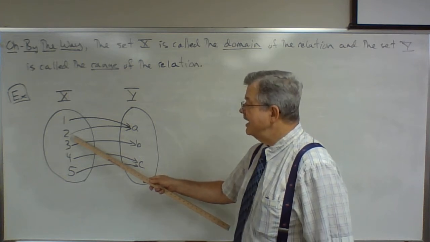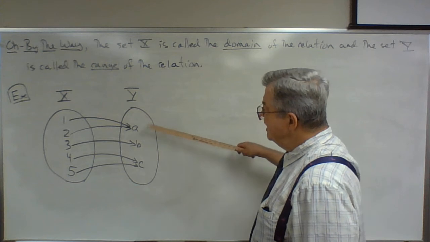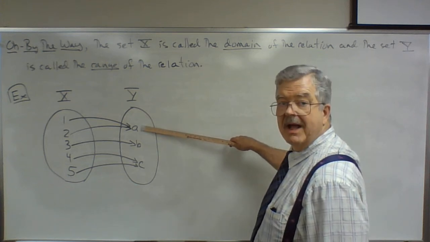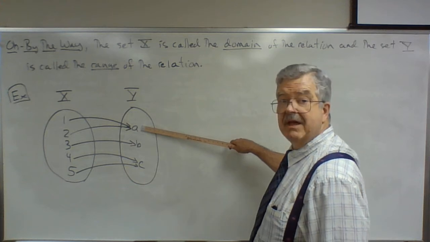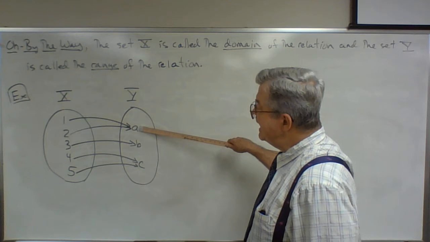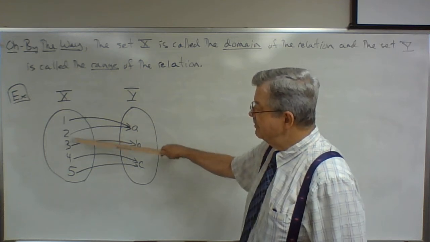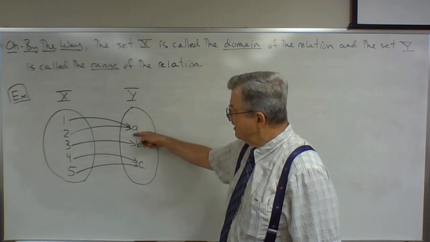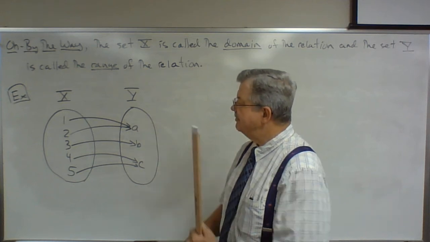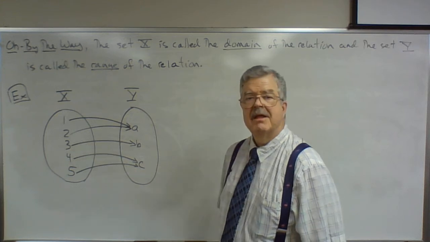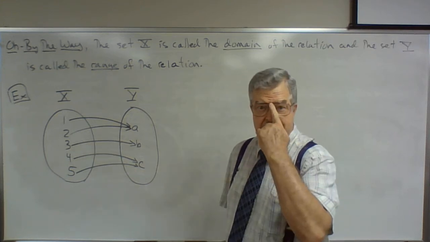Does our rule assign to the element 2 at least one element from the set y, the range? Yeah, it does. Our rule assigns the element a to the element 2. Now, does it matter that the element a is assigned to both elements 1 and 2? Nope, not a problem.